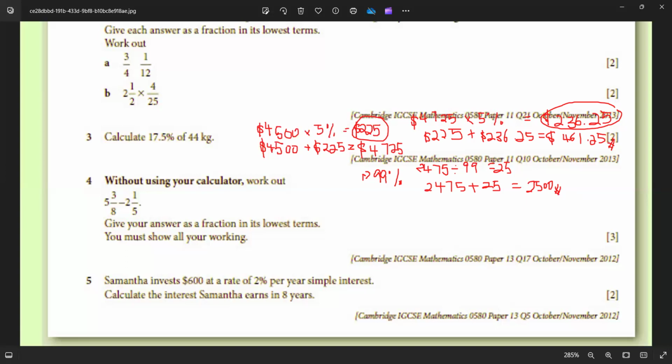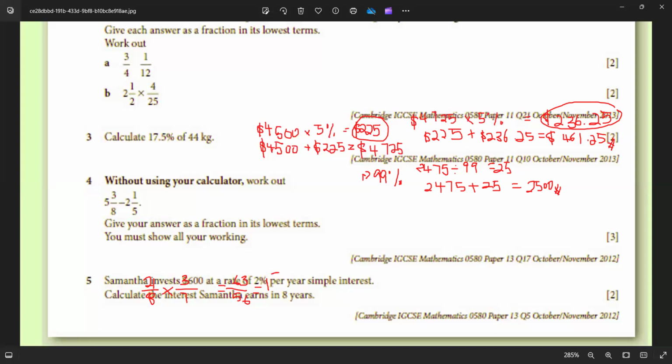So 2 times 8 will get 16. 16 plus 5 is 21, so 21/8 times 3/7. 21 times 3 is 63. 8 times 7 is 56.